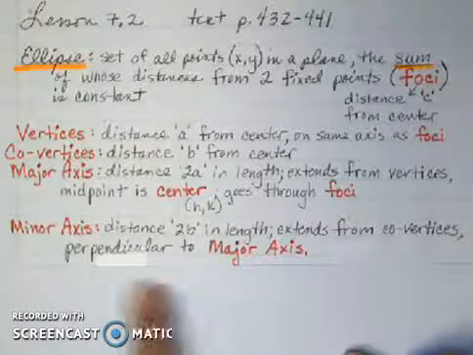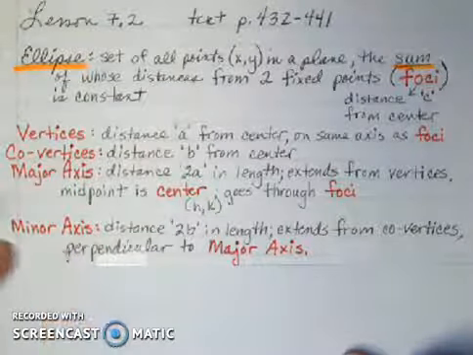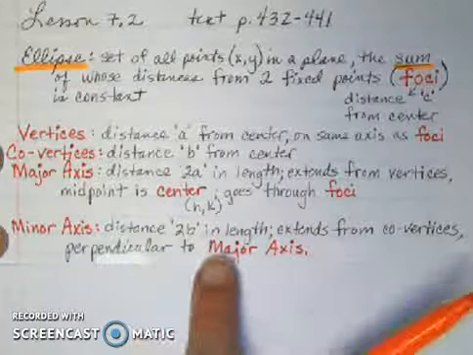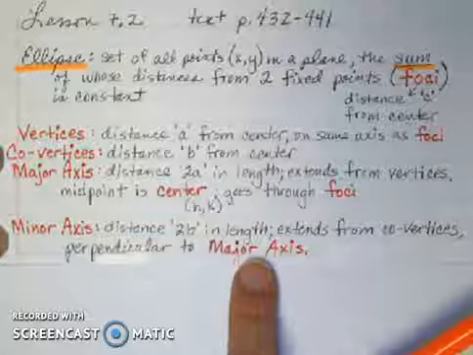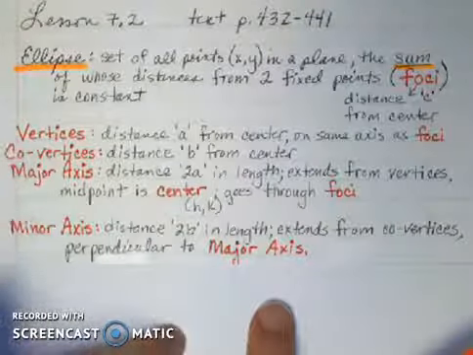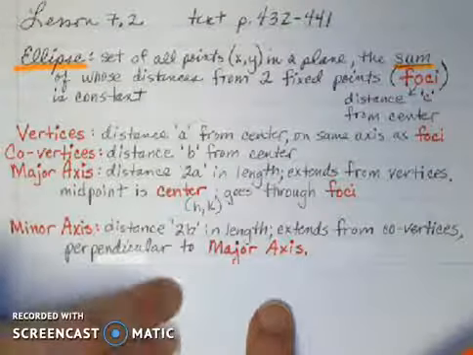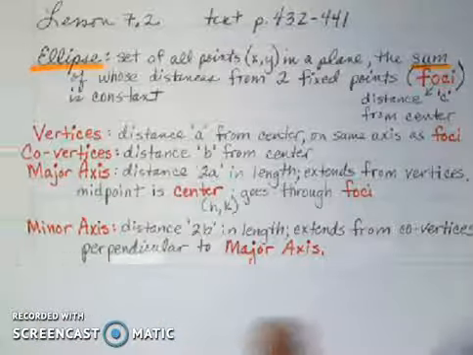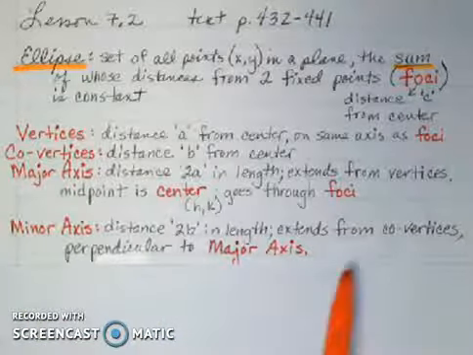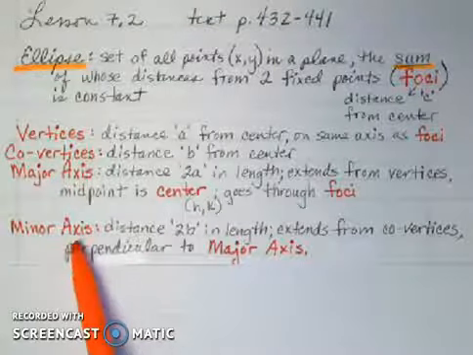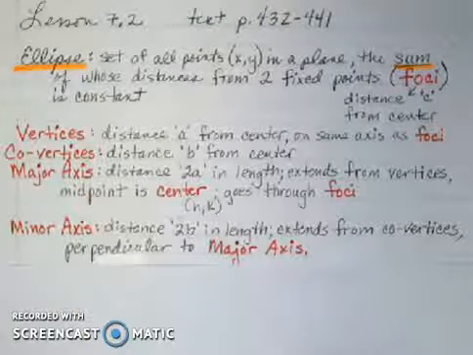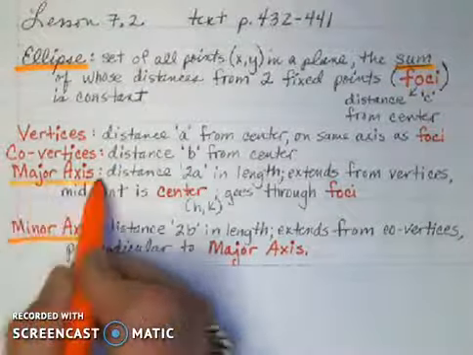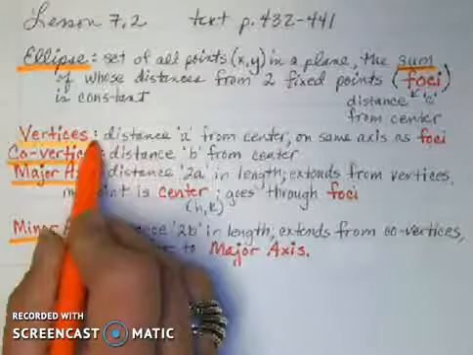You have the minor axis that goes to the covertices. So that has a distance of 2b in length, right? Because it's going from the center up to b or down to b, or it could be a horizontally oriented ellipse. We'll see both here in a minute. The minor and the major axis are perpendicular to one another through the center of the ellipse.